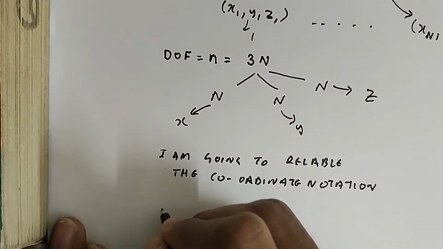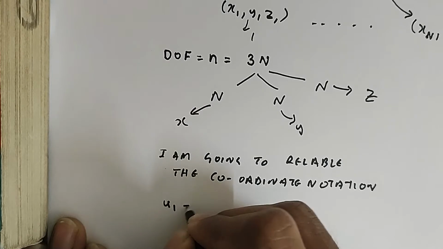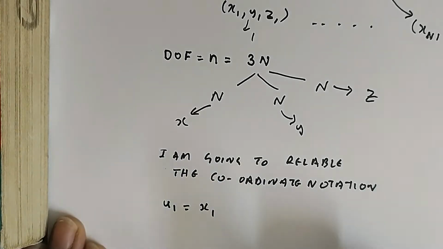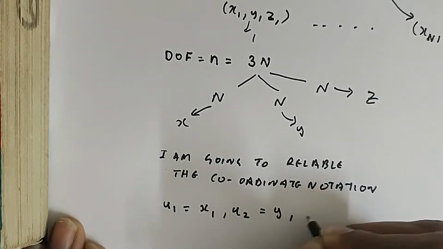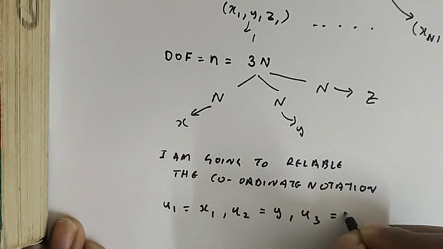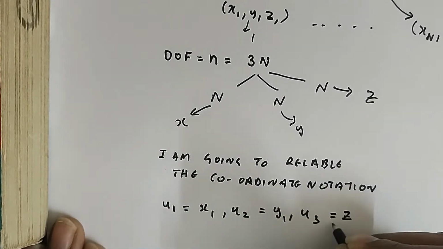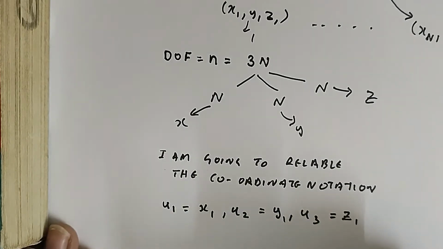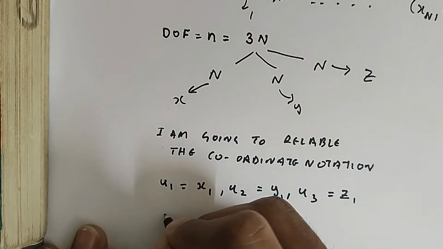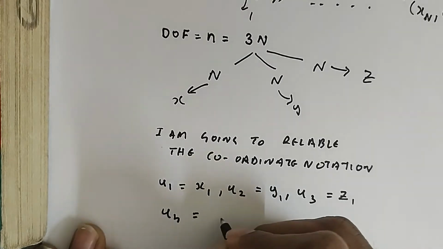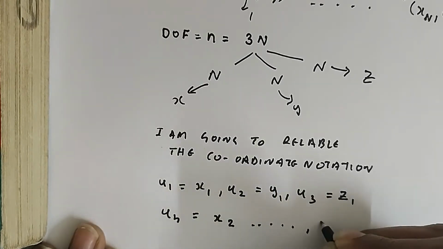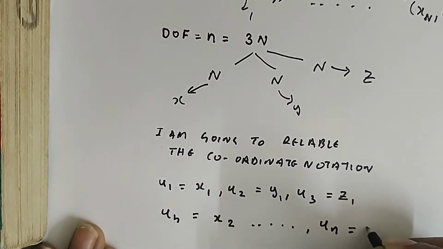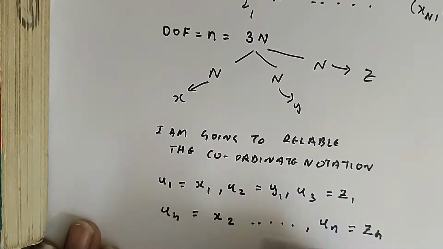So what I'll do is say my u1 describes my x1, similarly my u2 describes my y1, and my u3 describes my z1. Similarly, my u4 will now denote x2, and so on, such that my un denotes my zn, where n is small n.